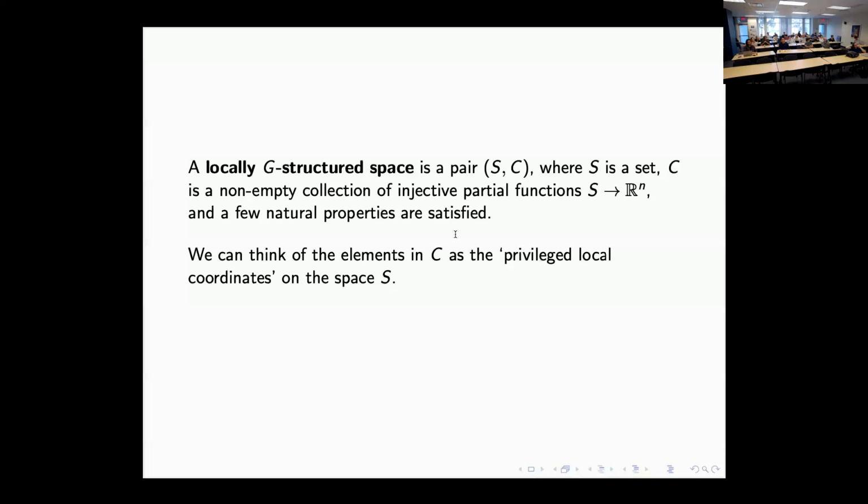And most importantly, the collection C plays nicely with your pseudogroup G, in the sense that the maps in C are required to satisfy a compatibility condition that's analogous to the kind of compatibility condition that one requires of charts on a manifold. Okay, so we can think of the elements of C as the privileged local coordinates on our space X. That's the important thing.